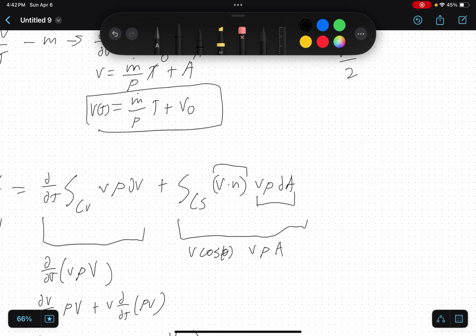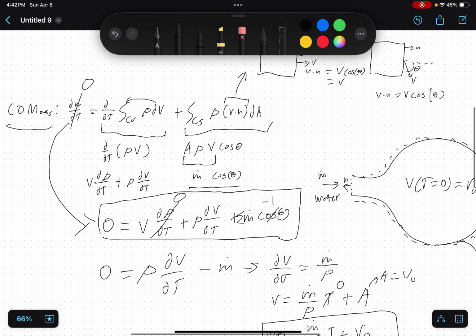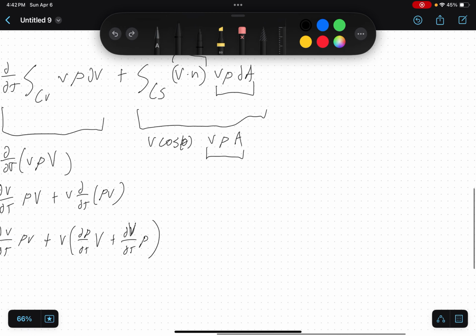That's rho V A, and this should be m dot also. Yeah, that's what we showed up here as well. That's also m dot. So this is m dot v times cosine, and this is momentum.